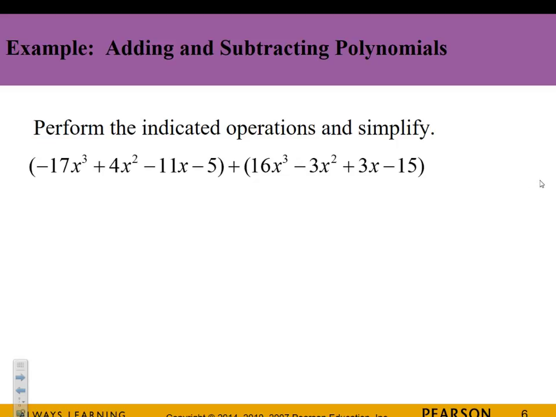Whoa. Perform the indicated operations and simplify. I like the old school math. If you're the person that likes to do this bit, more power to you. Okay? Fine.